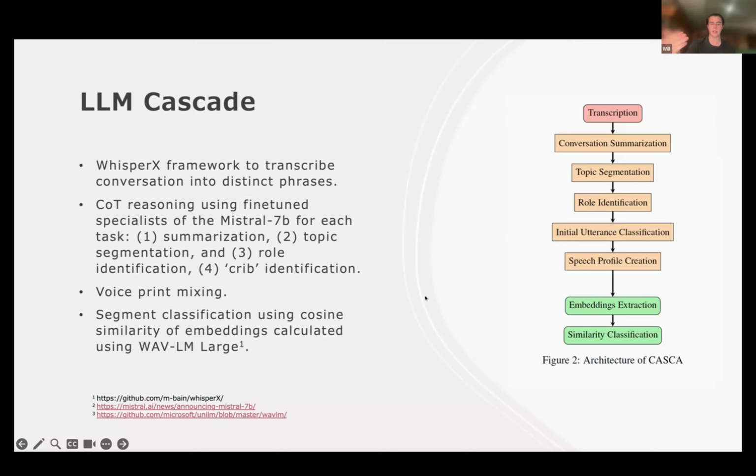Then each phrase is classified using the cosine similarity of the embedding associated with the audio, calculated using the WavLM Large model. The voice print is compared to each section of speech and classified using highest similarity.